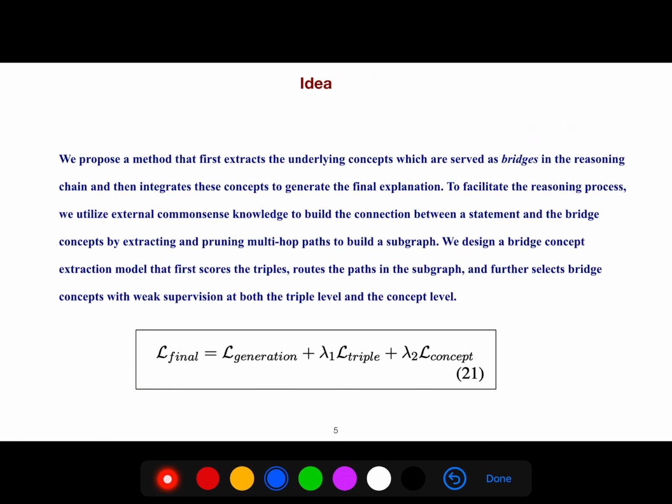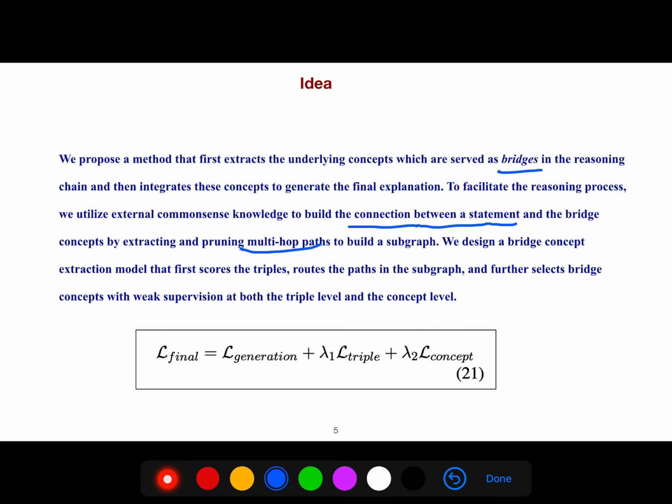So the idea is that we propose a method that first extracts the underlying concepts which serve as bridges in the reasoning chain, and then integrates these concepts to generate the final explanation. To facilitate the reasoning process, we utilize external common sense knowledge to build the connection between a statement and the bridge concepts by extracting and pruning multi-hop paths to build a subgraph.